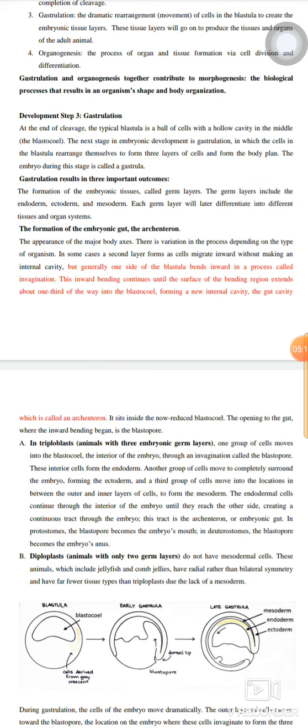So I said generally, for example, if I ask you in the exam to explain the formation of the embryonic gut, I just expect to see the main point, which is how this archenteron is formed, how the blastula bends inward in a process called invagination, and this inward bending continues until the surface of the bending region extends about a third of the way into the blastocoel, forming a new internal cavity called the gut cavity, which we refer to as the archenteron.